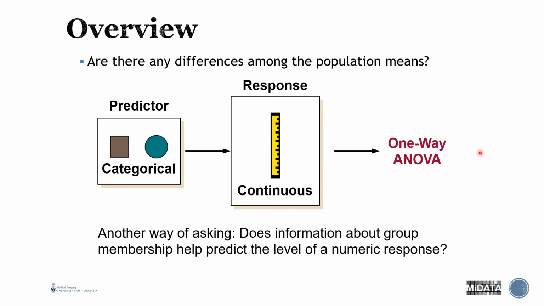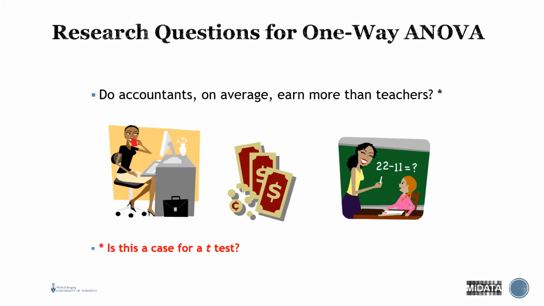We've talked about this before. And so another way of asking would be, does information about group membership help predict the level of a numeric response? So how do we ask the research question for a one-way ANOVA? For example, do accountants on average earn more than teachers? Well, this is perfect because this is answerable by yes, no, which is something that you can test using a statistical method.